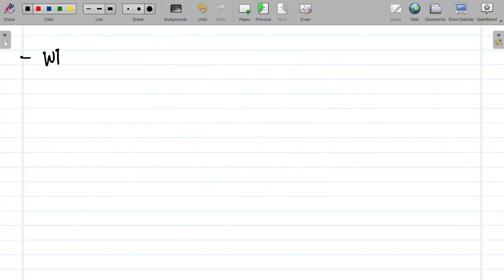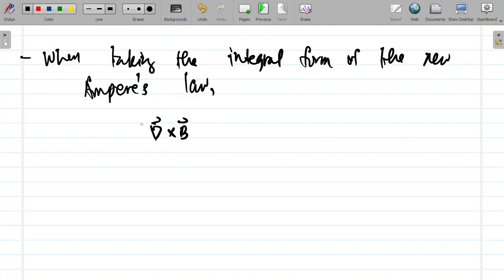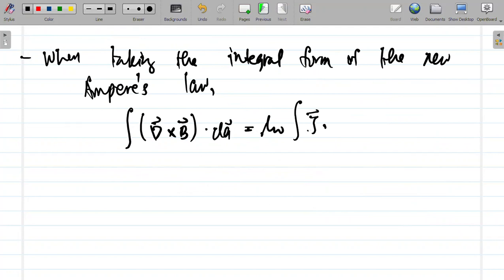So, when taking the integral form of the new Ampere's law, meron tayong del cross B. Area integral, del cross B dot dA, yan ay mu naught, bale magiging J dot dA plus mu naught epsilon naught, area integral ng partial E partial T dot dA.